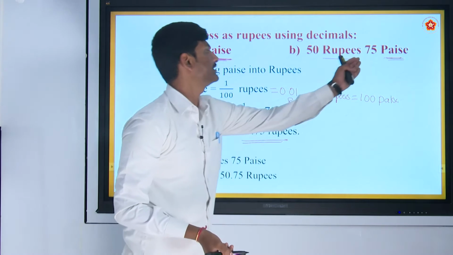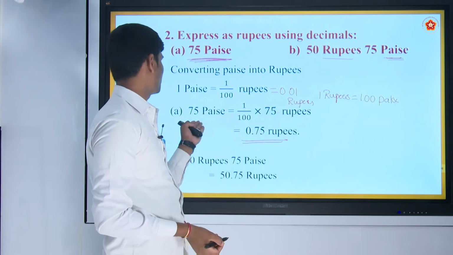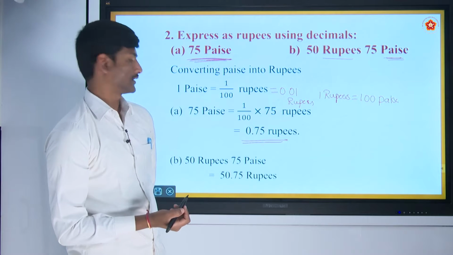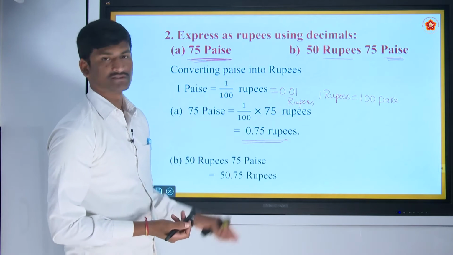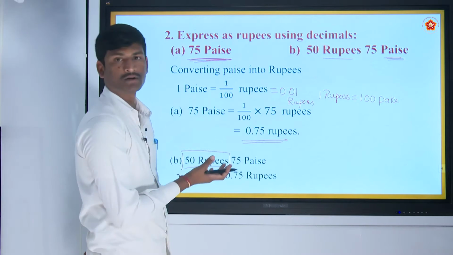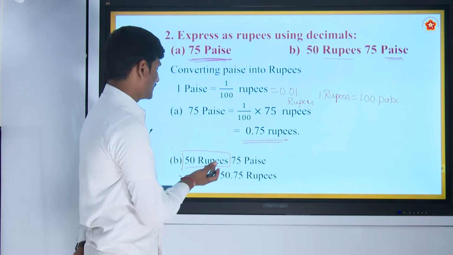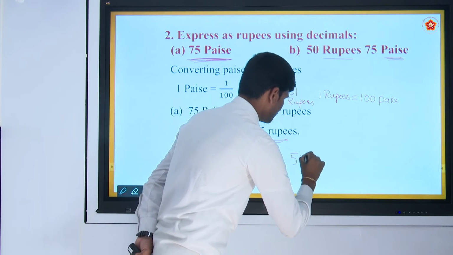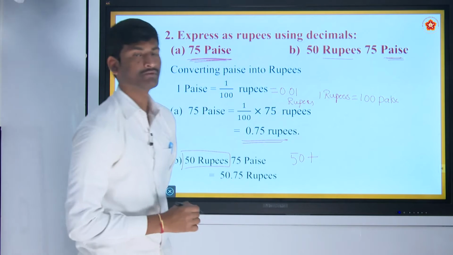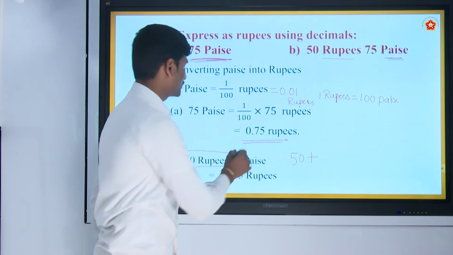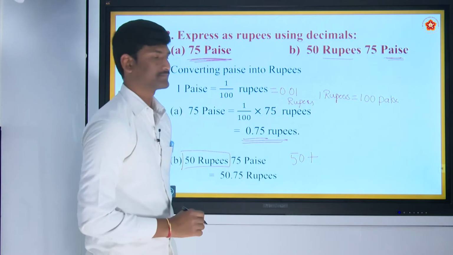You already know 75 paise is equal to 0.75 rupees.